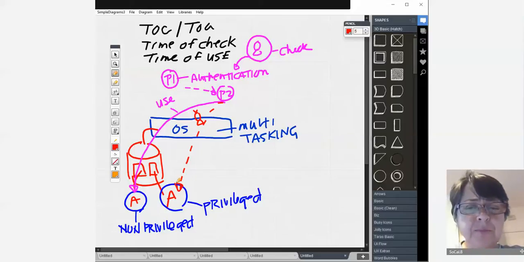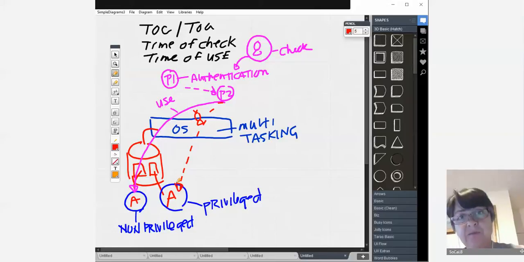And that's what they said the TOC/TOU attack is. Okay, time of check, time of use attack.